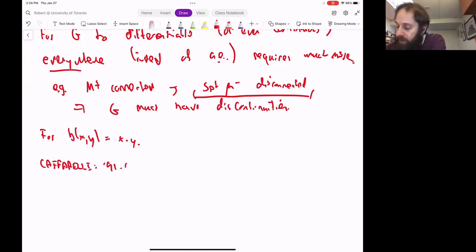Let's say 91 to 96 or so. It says something like, actually, you need more than just that the target is connected. You need the target to be convex.